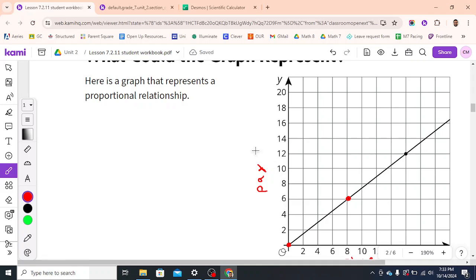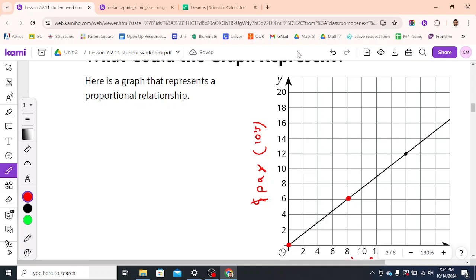But maybe we can say pay and then tens, which really means the 6 is talking about 60, because 6 times 10 would be 60. So 8 hours, $60, talking about money.